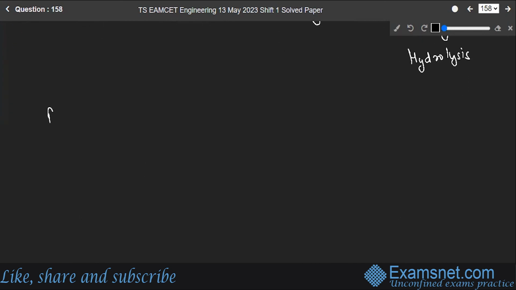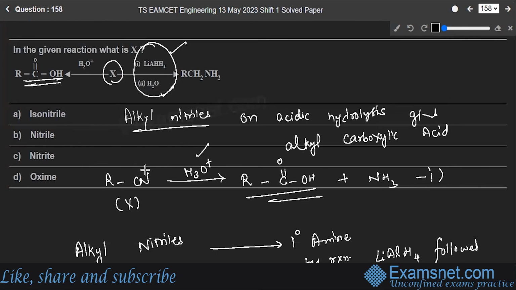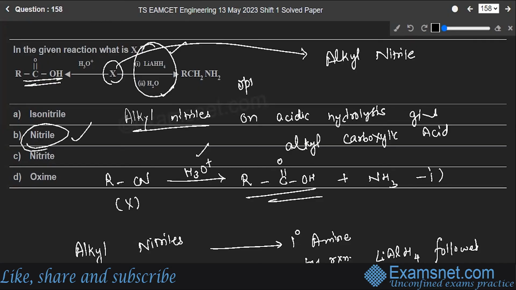Now alkyl nitriles, reaction with this and this, it gives you RCH2NH2. This is your primary amine or 1 degree amine. So that means surely your X is nothing but alkyl nitrile. In the given reaction, what is X? It is nitrile. Option B is the right answer. Hope you understood that. Let's move to the next question.